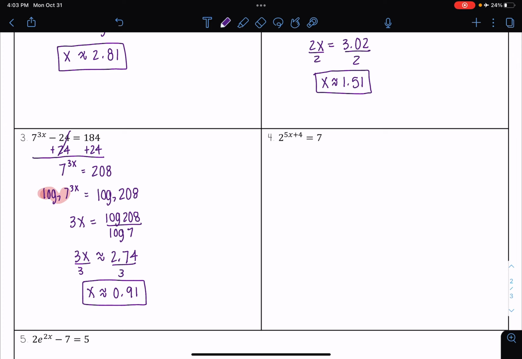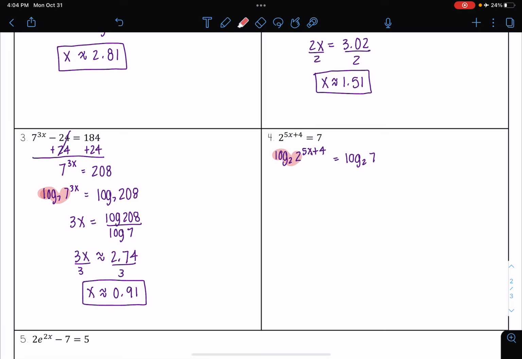Okay, looking at number 4, I have 2 to the 5x plus 4 is equal to 7. This time I have a little bit more going on in the exponent, but that doesn't change what our first step is, to go ahead and take the log on both sides. This time I have log base 2. So I have log base 2 of 2 to the 5x plus 4 is equal to log base 2 of 7.